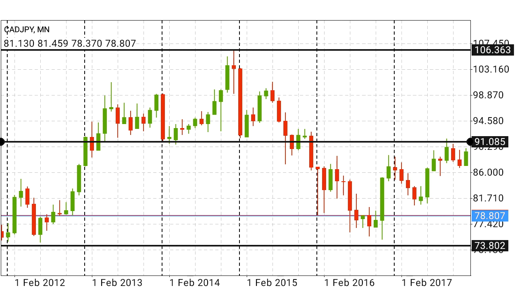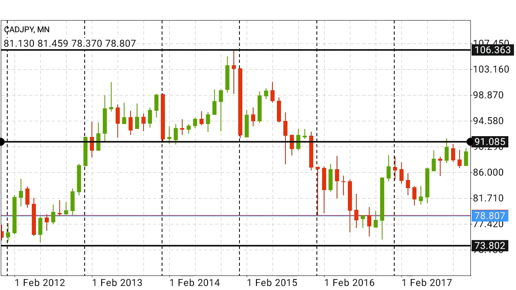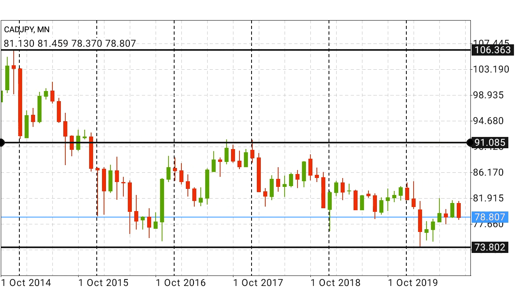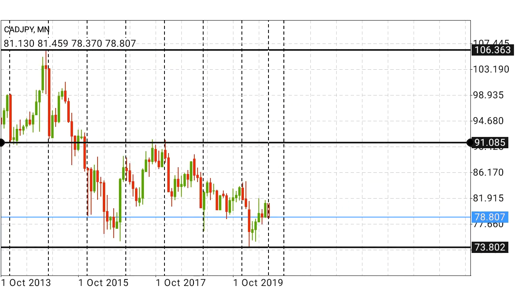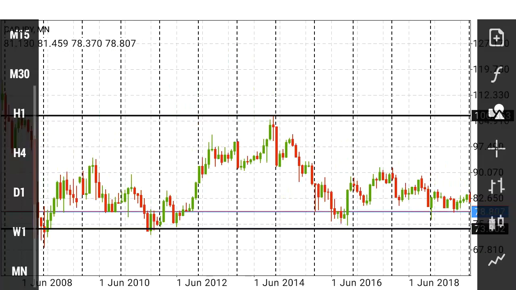Why am I saying that? Because we have a zone here. We have a zone that is currently working. Let me just make it like this. We have a zone.